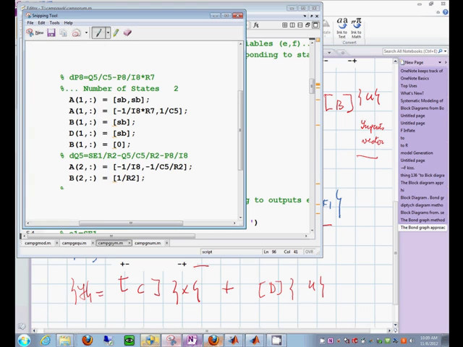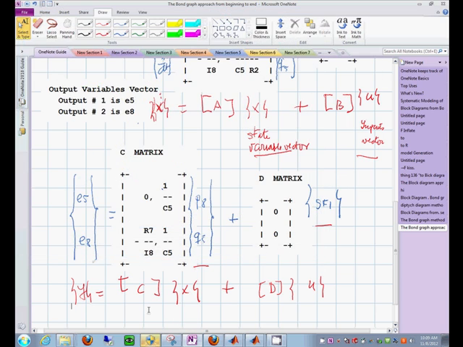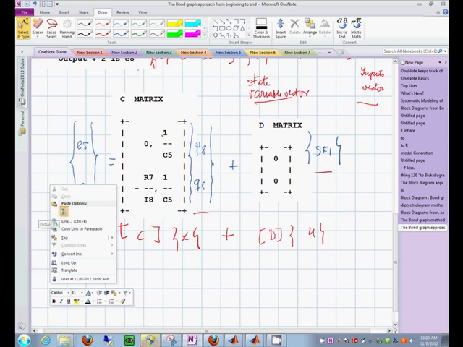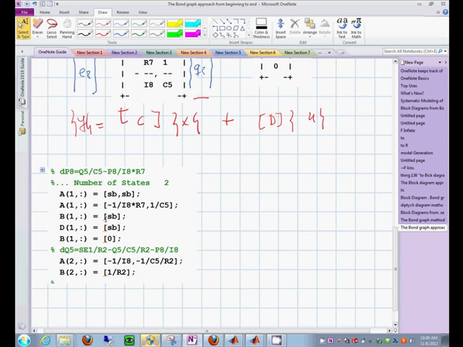So what happens is, now if we go to our notes over here and I paste this in here, you realize this equation that you see on the left hand side, that one right there, and this one right here, are the two equations that we could use to build a block diagram.